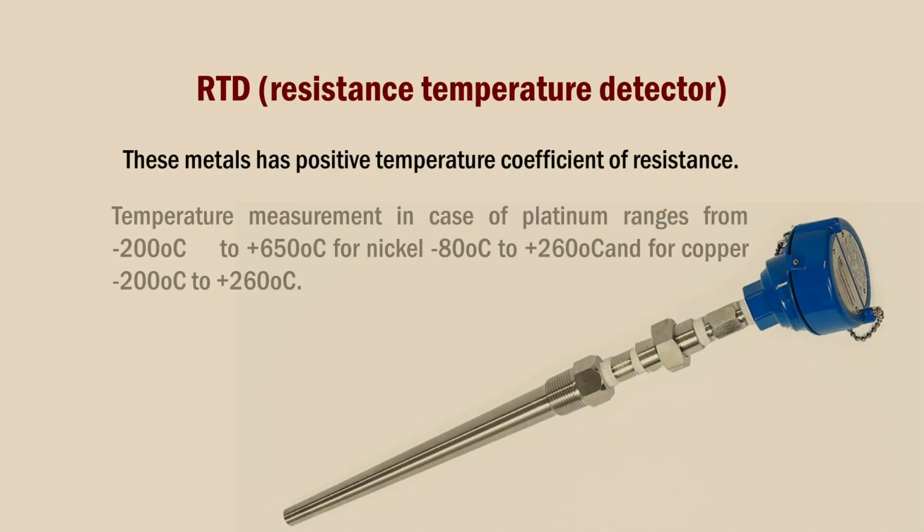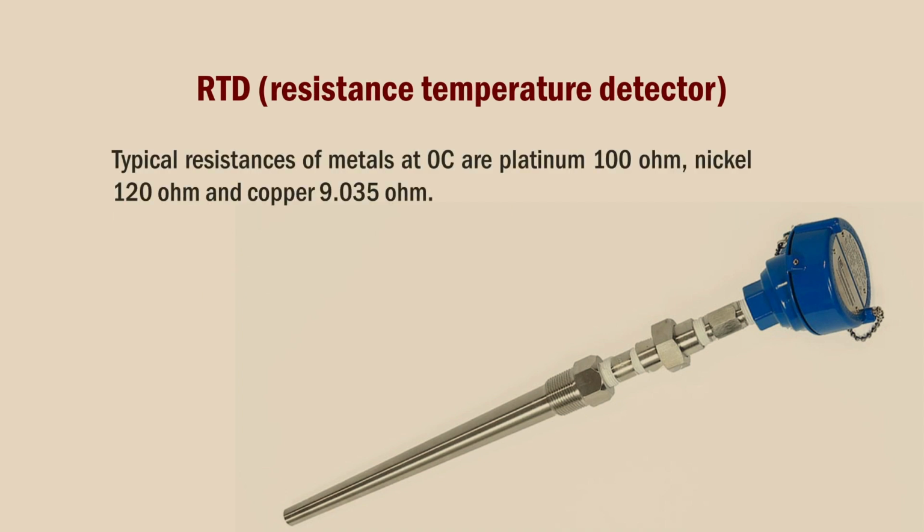with increase in temperature. Temperature measurement in the case of platinum ranges from minus 200 degrees centigrade to plus 650 degrees centigrade. For nickel, minus 80 to plus 260 degrees centigrade, and for copper, minus 200 to 260 degrees centigrade. Typical resistance of metals at 0 degrees centigrade is 100 ohms for platinum, 120 ohms for nickel, and around 9 ohms for copper.